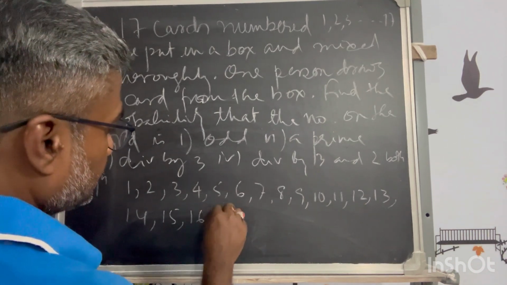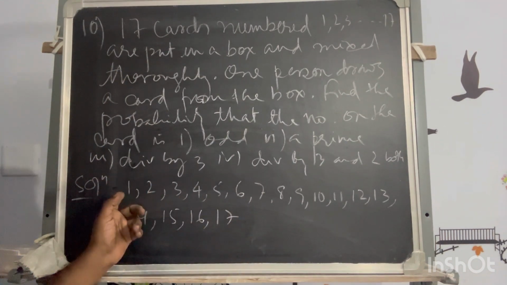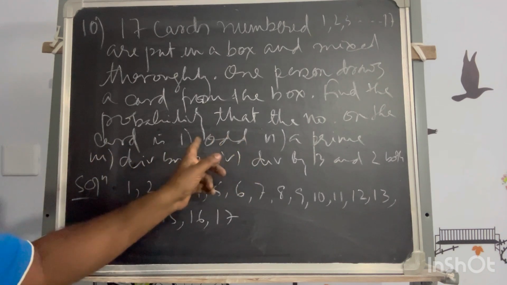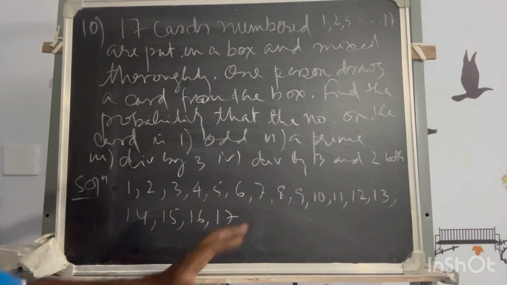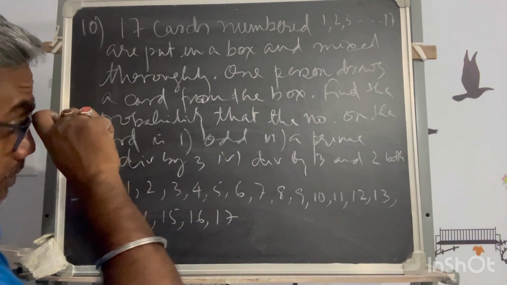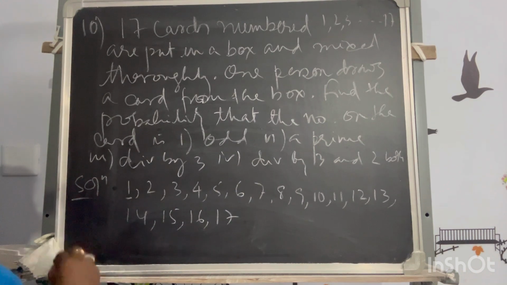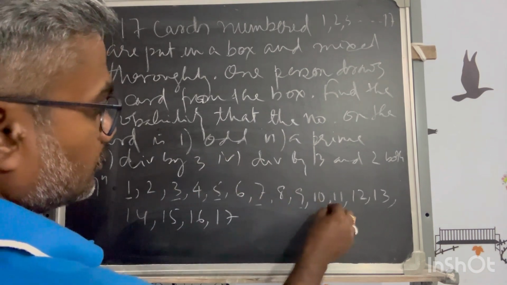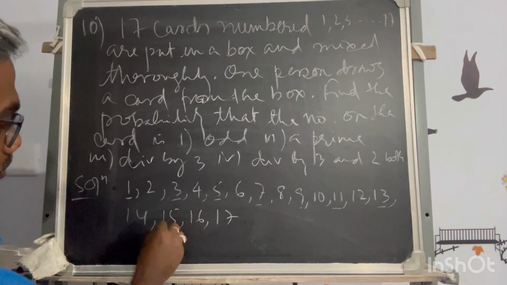Now this is your sample space, 1 to 17. That is clear. Now first is to get odd. For this you need not think much: odd means not divisible by 2. If we start from 1, it is odd, and all alternate terms starting from 1 will be odd.